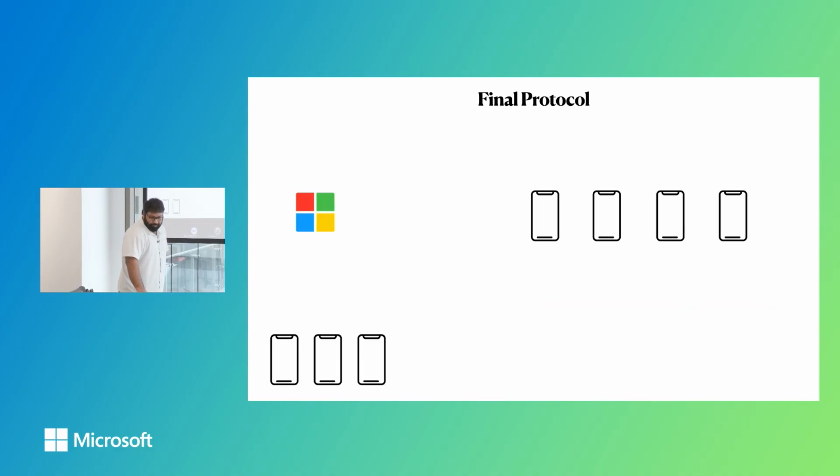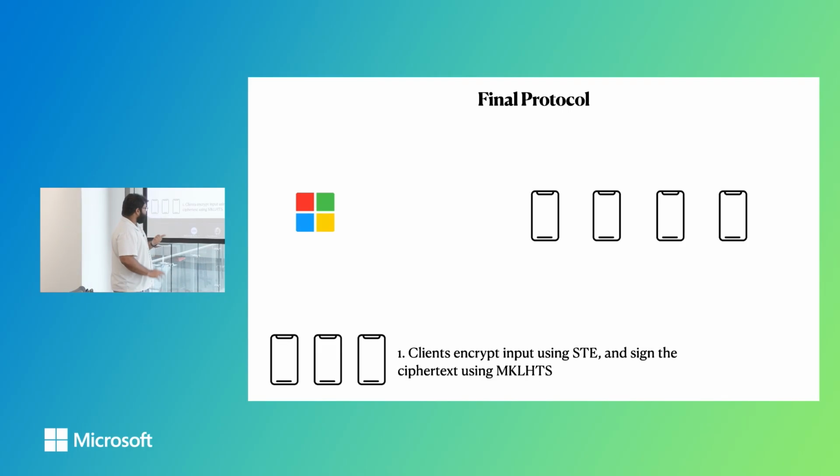Okay, I'm almost done, and I'm just going to tell you what the final protocol looks like. The idea is that the clients encrypt their inputs using the silent threshold encryption scheme, and they sign the ciphertext using the multi-key linearly homomorphic threshold signature scheme. They send the ciphertext and signatures to the server.